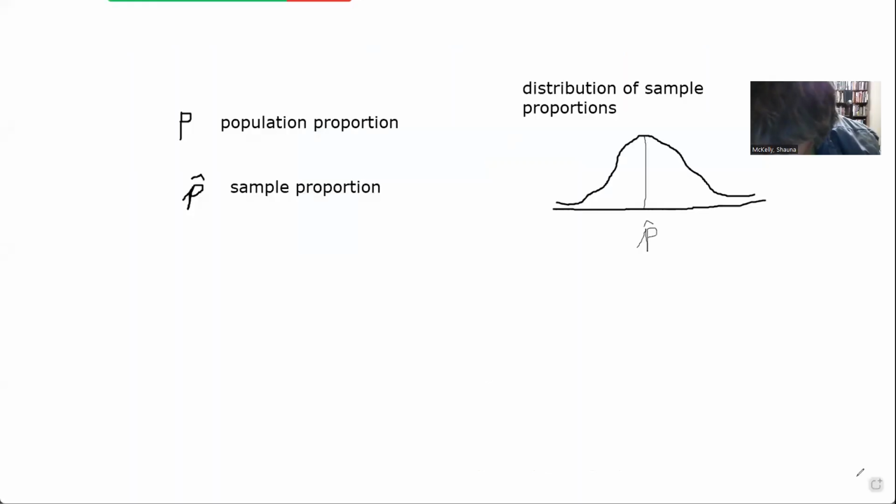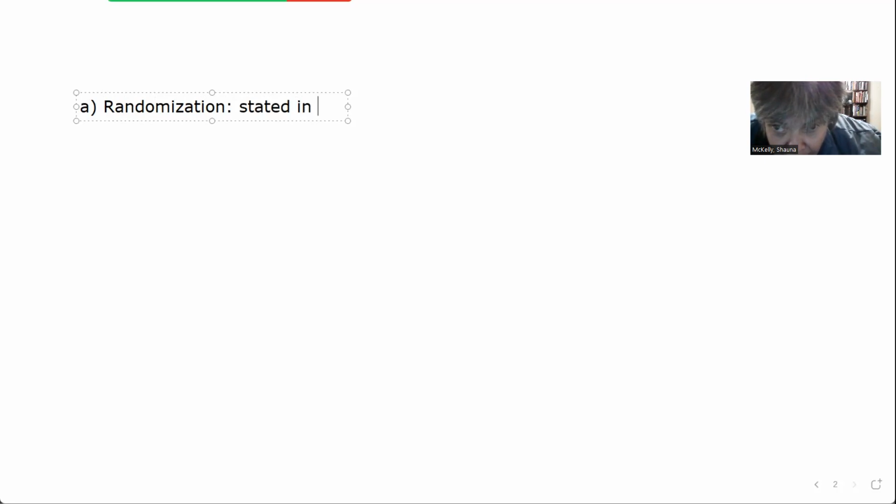I'll say, so I'm testing my assumptions in part A here, and I'll say randomization is the first, or random sample. You can write either one, and I'll say stated in the problem. That, so she knows that it's stated. We know that it's there because it's stated as such.